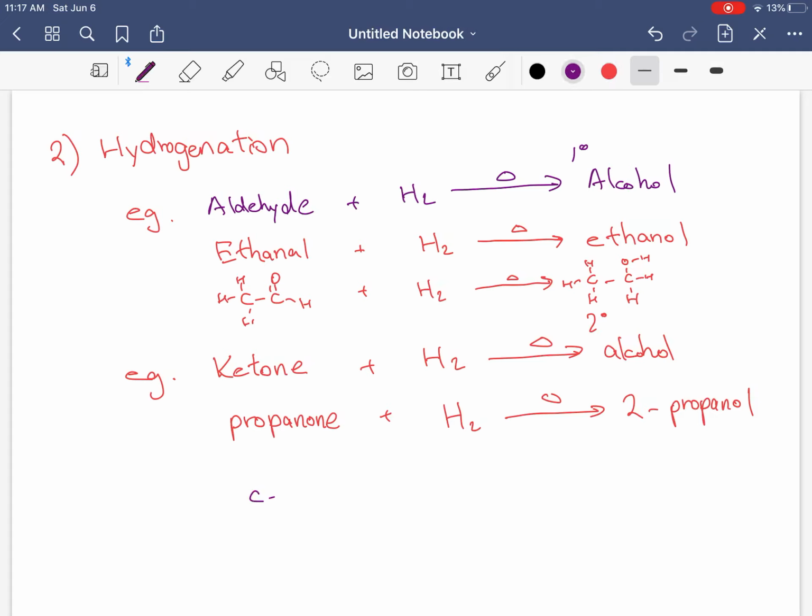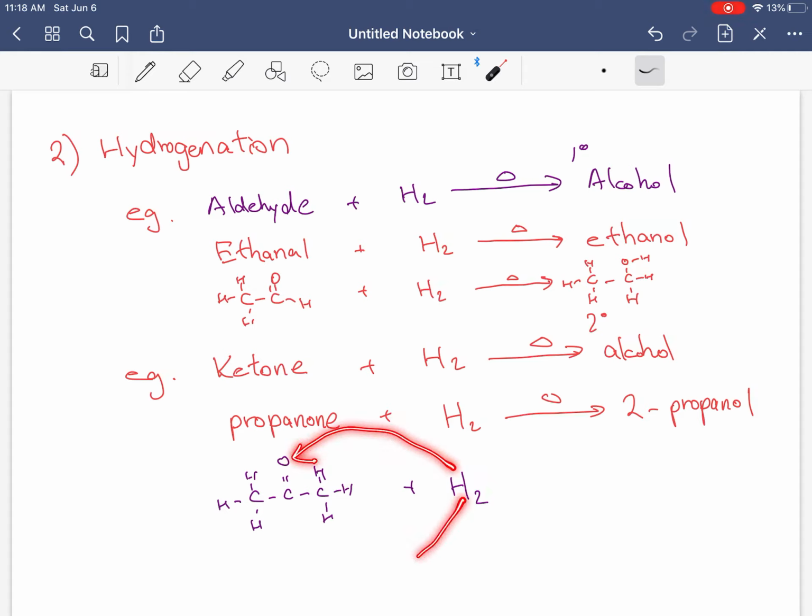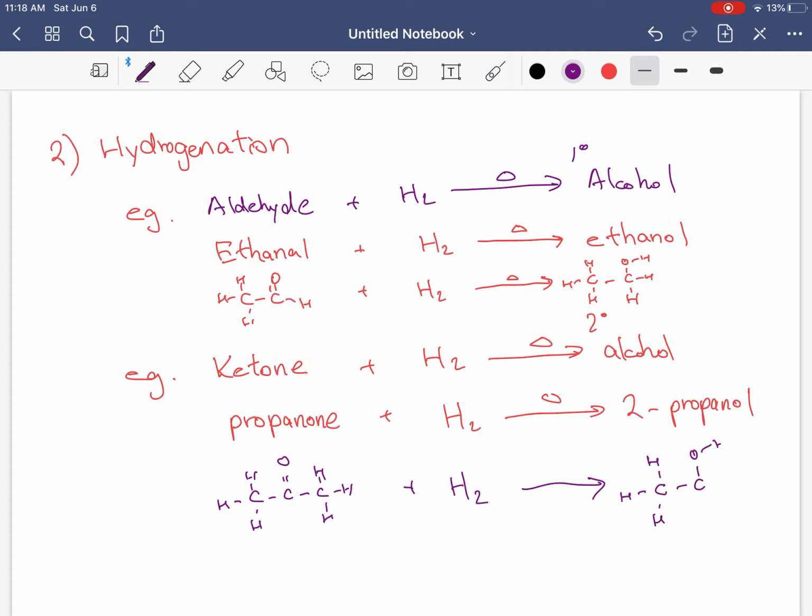If you take your propanone and react it with hydrogen gas, just like what we saw before, one of the H would come over here, one of the H would come over here. This will give you this, which is your 2-propanol, isopropanol.